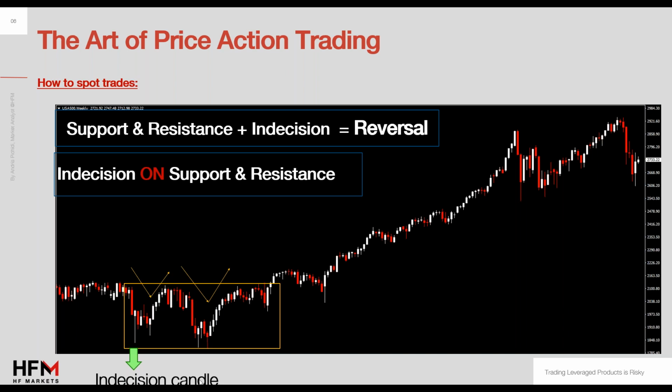Or you can say, okay, I won't be involved, I will keep monitoring, and as soon as I see a nice, decisive, strong breakout of either my support or my resistance level, I will consider whether to enter the market or not.